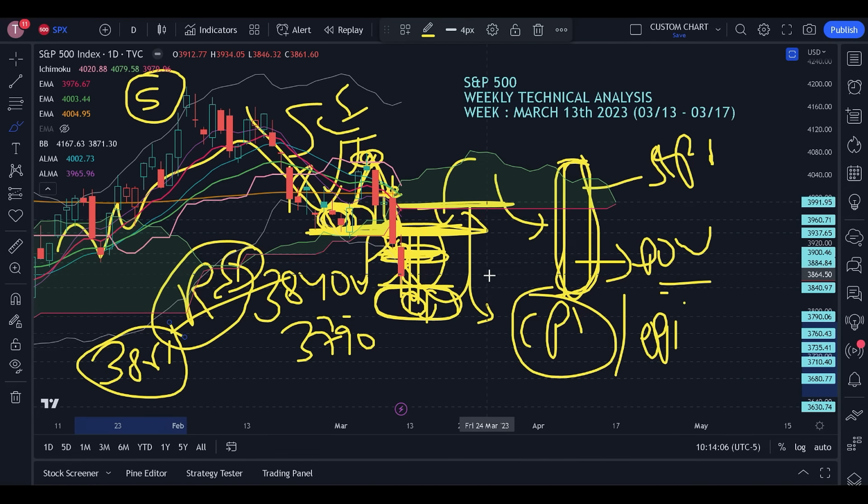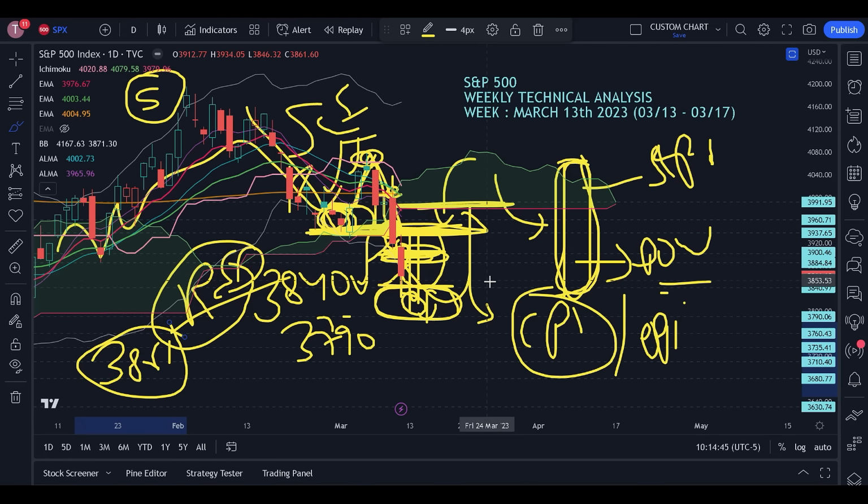From Monday to Thursday, or Monday to Friday first half, it can move wherever it wants to move. But by the end of Friday, technically, it is under technical obligation to give the red color. Historically, only 10% of the times have we seen that the technical obligation was not fulfilled.